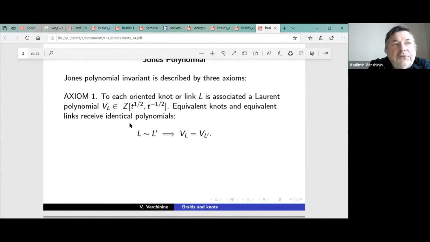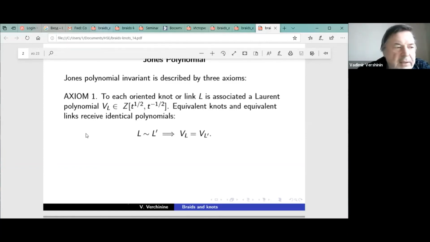So he sent the braid group to an algebra and used the trace. The trace satisfies the Markov moves, so it's okay. And then you need to do some work to satisfy the second Markov move, and this works. So it was constructed using the Markov theorem.